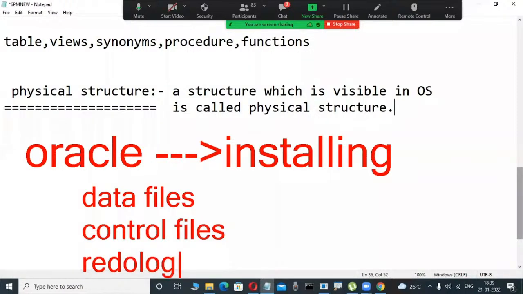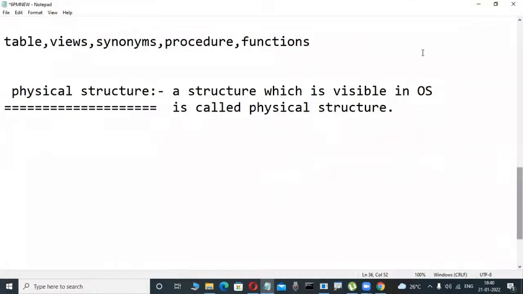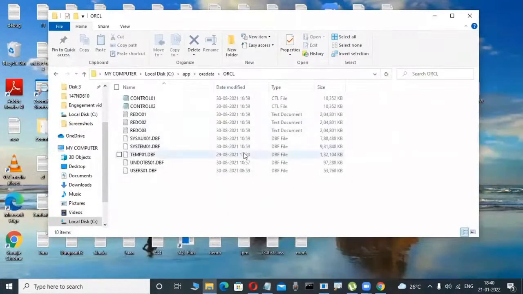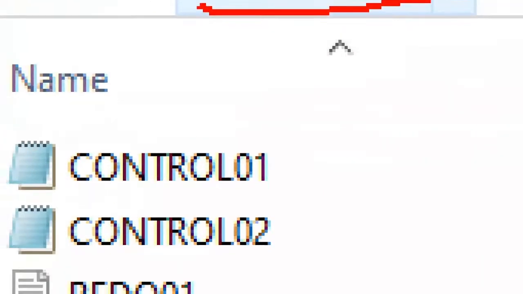You don't have an idea about these yet; in the future, in the DBA concept, I'm just giving a rough introduction in our course. Whenever I install Oracle software, some files are created on the disk, in C drive or D drive.